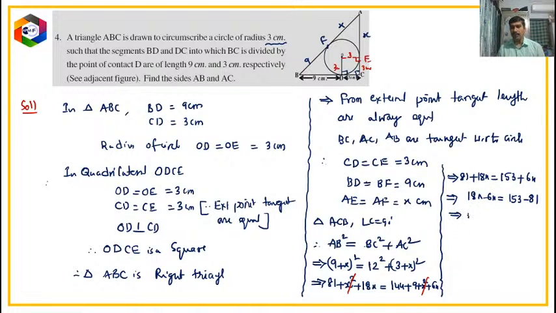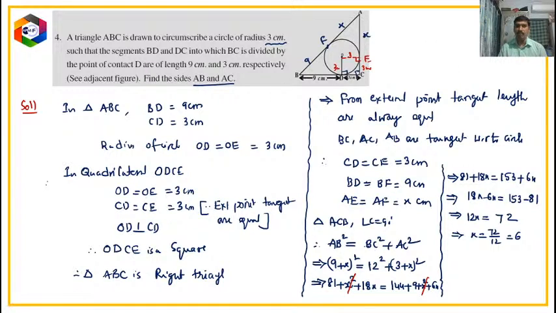So 18 minus 6 is 12X, is equal to 153 minus 81, which is 72. So X will be equal to 72 by 12. 12 fives are 60, 12 sixes are 72. So X is 6. Now it is asked to find AB and AC.